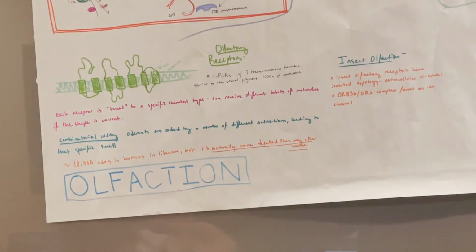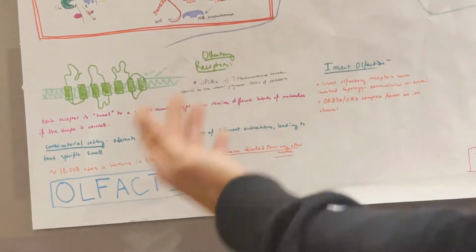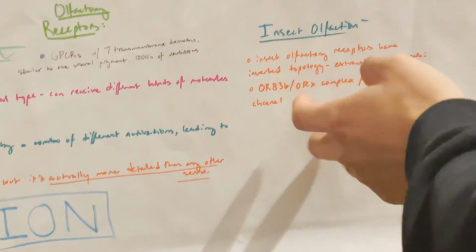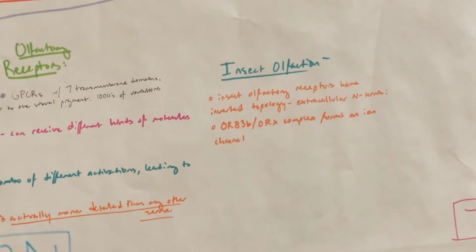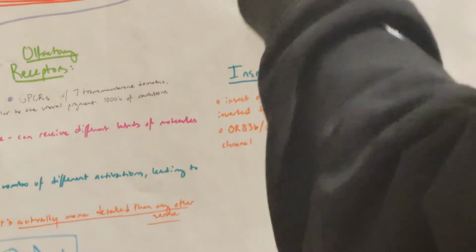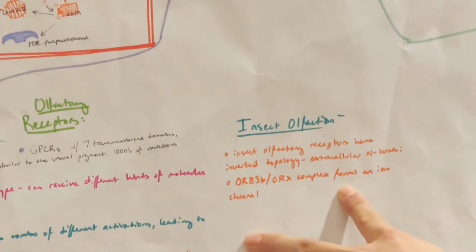Whereas for insects like Drosophila, the olfactory receptor is ionotropic, with an inverted topology.